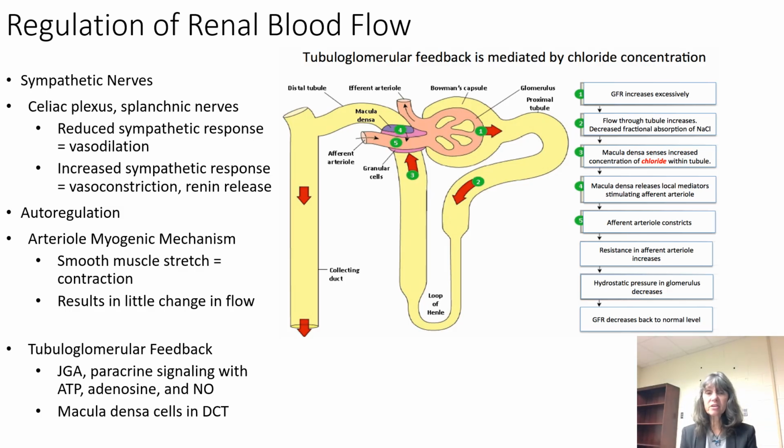So the sympathetic nerves include the celiac plexus and the splanchnic nerves, which in the event that there's no sympathetic response, then blood vessels are going to be vasodilated. They're going to be at their normal opening, which is a state of vasodilation. In the event of a sympathetic response, that would cause vasoconstriction.